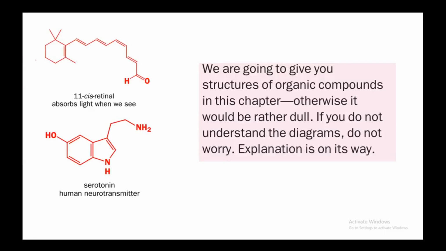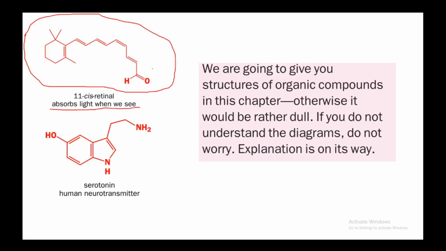Here you can see the structure of 11-cis retinal, which absorbs light when we see. This is the molecule which is present in your eyes, in my eyes, in the eyes of everyone. And it is an organic compound. As you know, organic compounds comprise different functional groups.